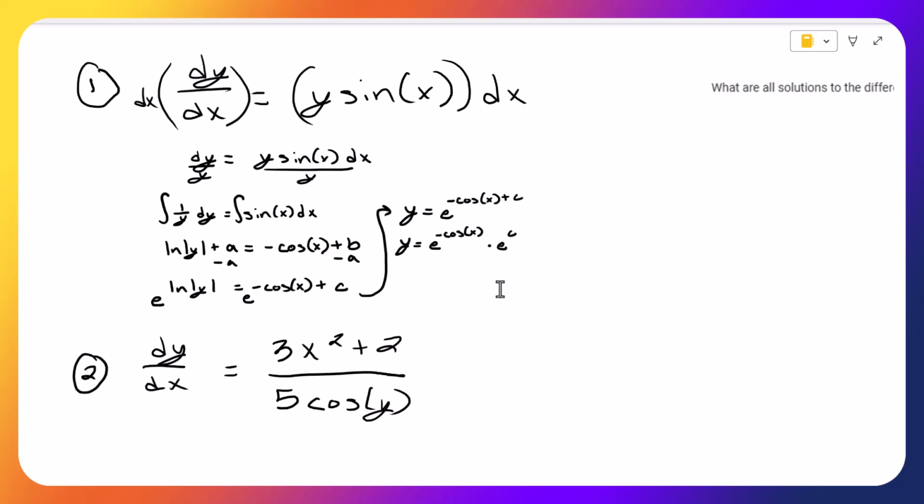And I'm actually going to rename it because I'm being a little forward thinking. We're going to rename this as q, instead of leaving it as e to the c, because this is just a number. E to the c is just a number. And so it becomes y equals q e to the negative cosine x.